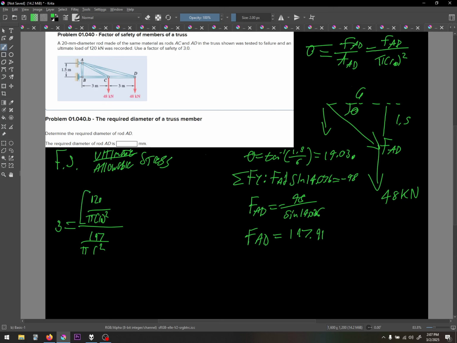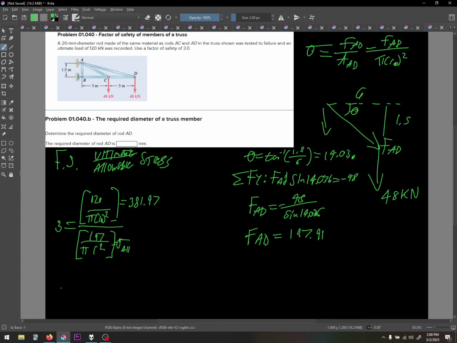So we can solve for what number this is here. And then we can just call this quantity the allowable. So this is going to equal that. So now what is 120 over the pi times 10 squared? And I should say that's 120 times 10 to the third. So this is equal to 381.97.